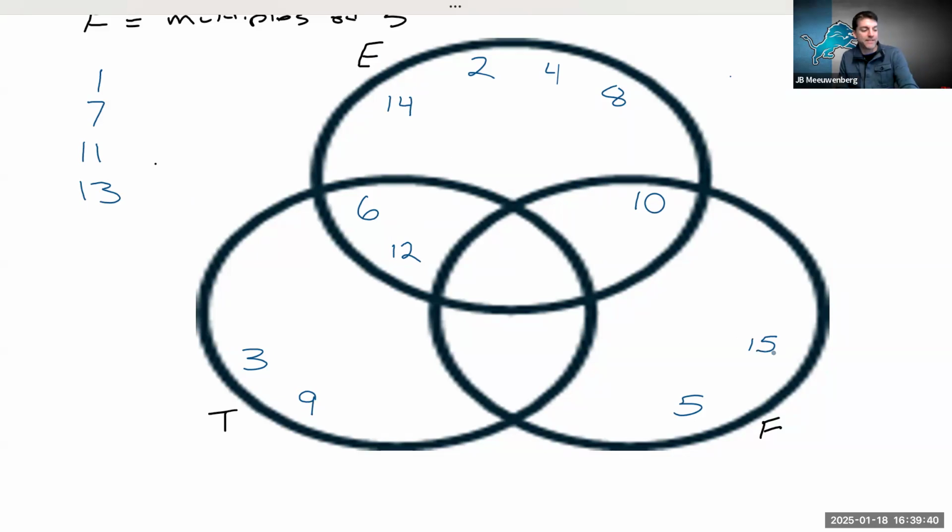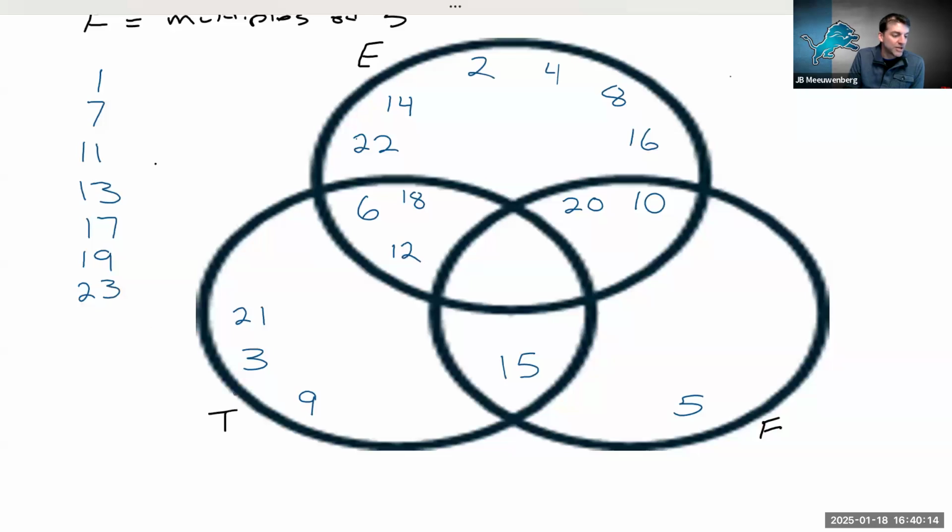I missed that one. 15 is a multiple of 3 and 5, so it belongs here. 16 is even. 17 belongs neither. 18 is even and a multiple of 3. 19 is outside. 20 is even and a multiple of 5. 21 is a multiple of 3. 22 is even. 23 is outside.